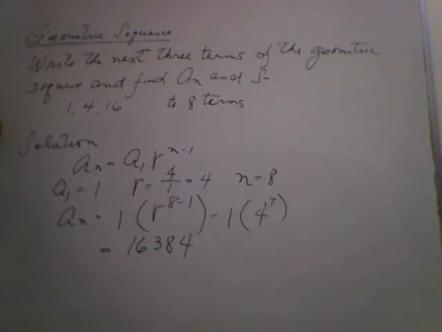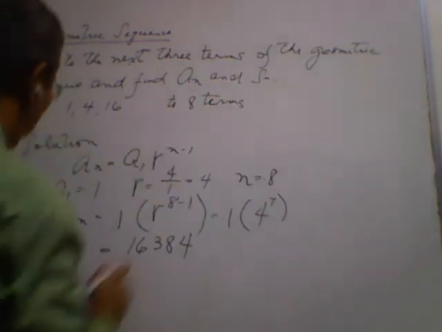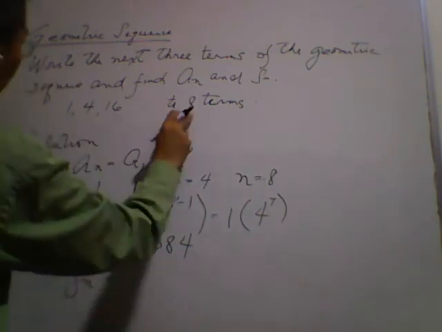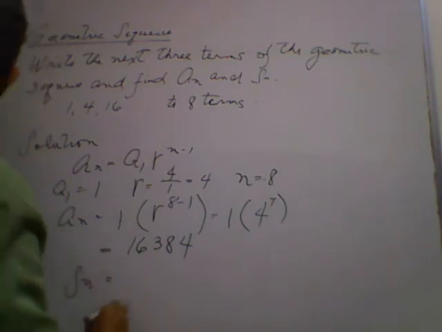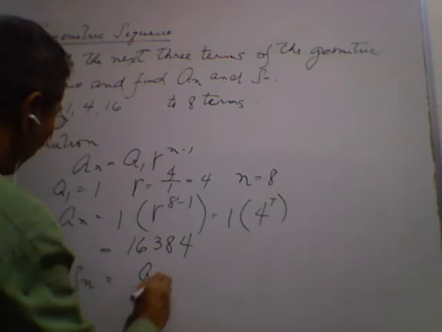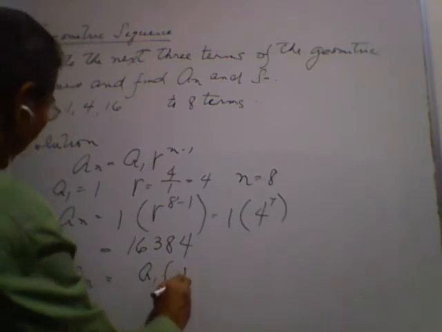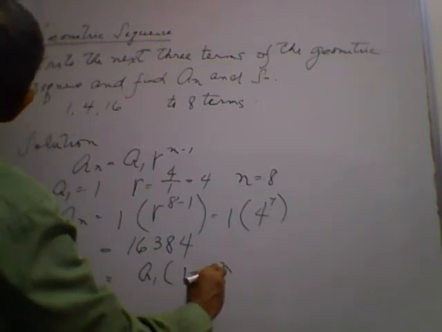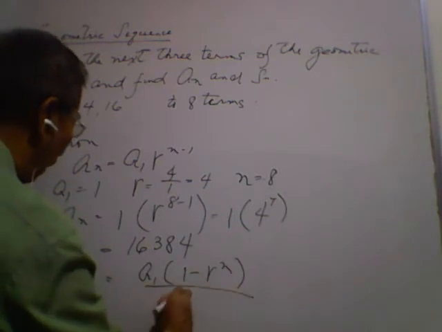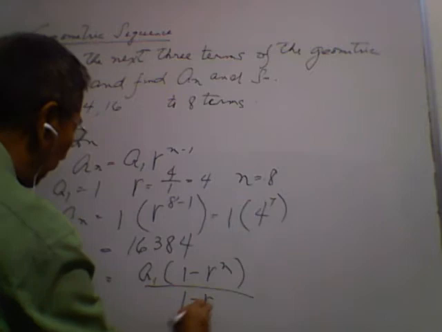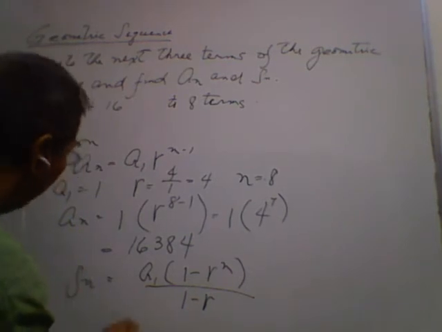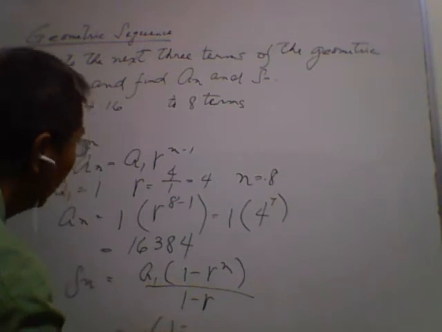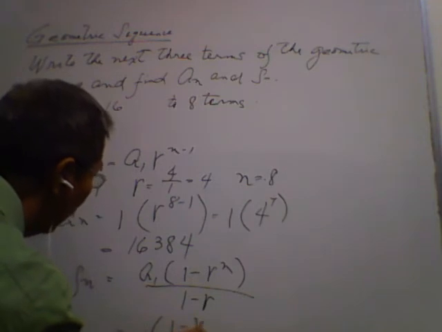So for our next solution, that is S of n, the sum of the geometric sequence from 1 to the 8 terms. So that is equal to A sub 1 times the quantity 1 minus R to the n, all over 1 minus R. So we have here 1 times the quantity 1 minus R to the 8.